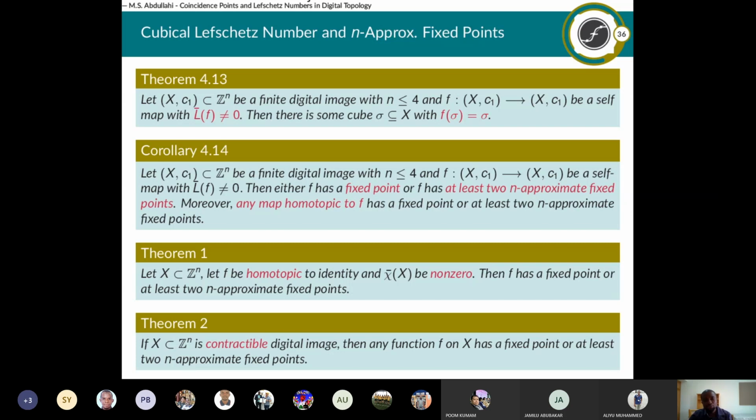But the cubical Lefschetz number seems to work better in terms of homotopy invariance, because we only need the functions to be homotopic to know that they have the same cubical Lefschetz number. But in the simplicial part, the Lefschetz number only tells us that 2 functions have the same Lefschetz number if we have an additional condition on the homotopy, which is a strong homotopy notion.